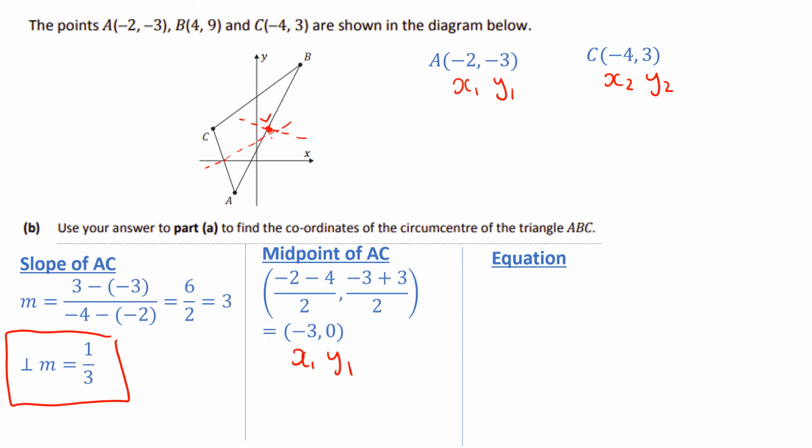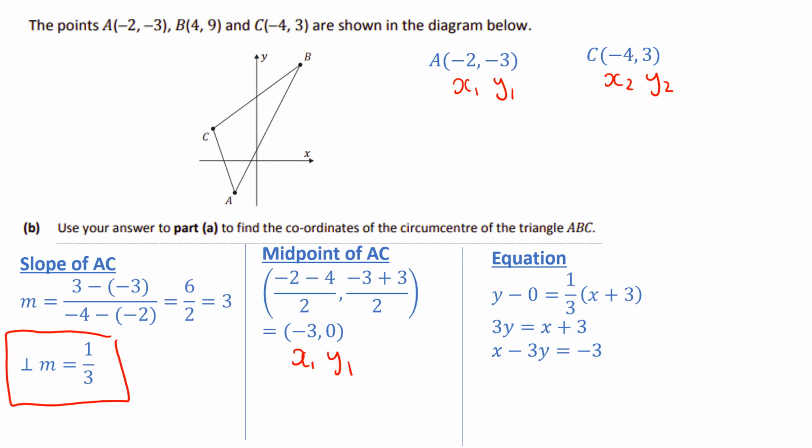And it could be outside the triangle, and that's absolutely fine. So the equation is y minus y1 is equal to m times x minus x1. Watch your signs. Simplifying that, I end up with x minus 3y equals minus 3.